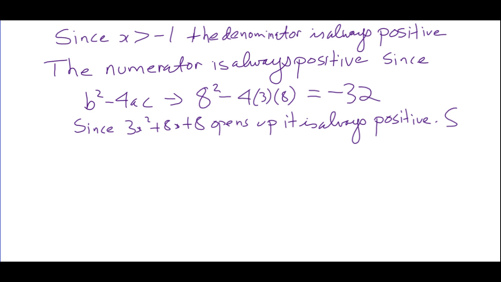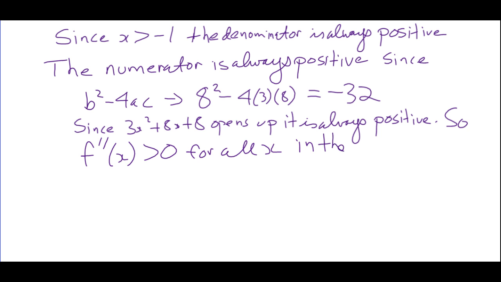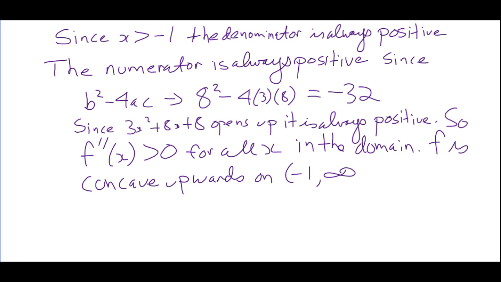Which means we can then say that f double prime, the second derivative, is greater than 0 for all x in the domain, which says that f is concave up on the domain, -1 to infinity, and there's no point of inflection.